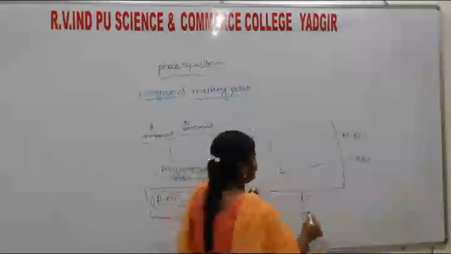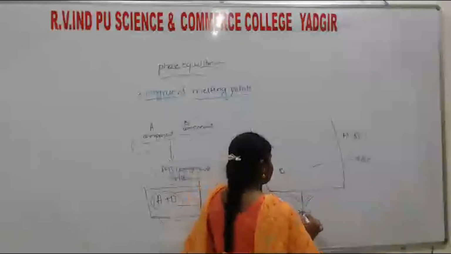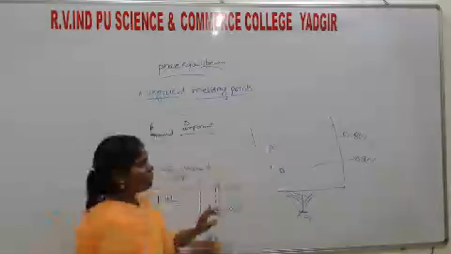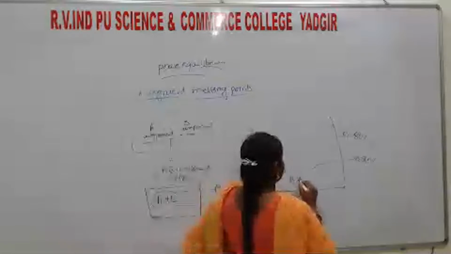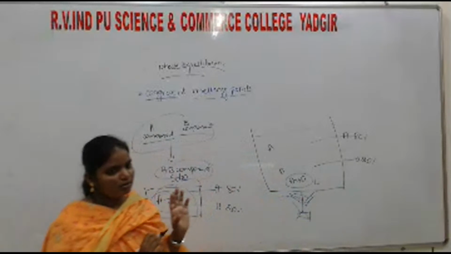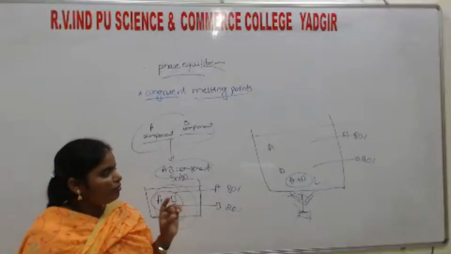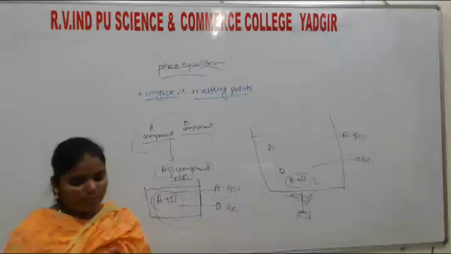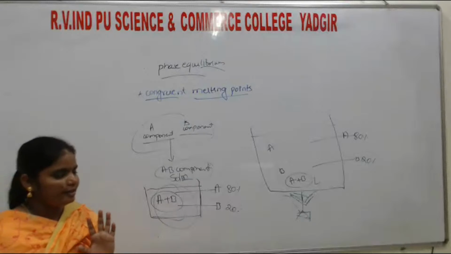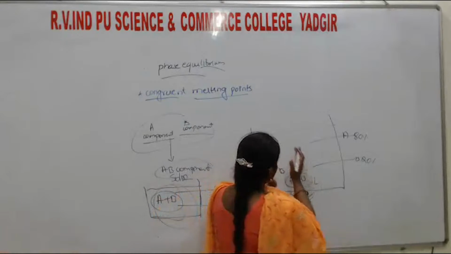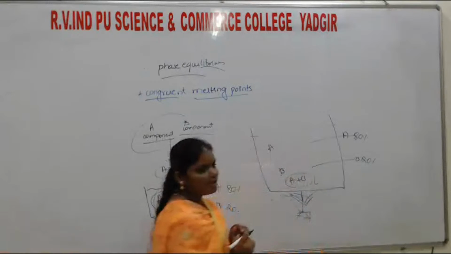Here the components react to form A plus liquid. At a particular temperature, they lose their identity. These two are miscible and mixed: one is the A component, another is the B component.